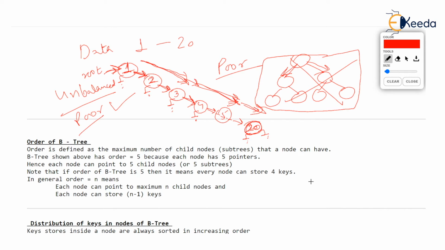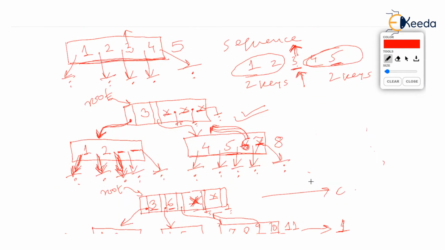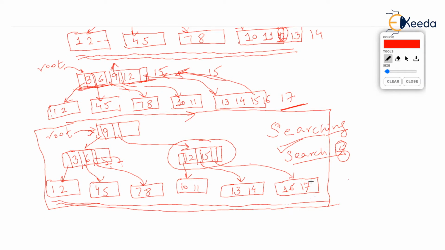So if the binary search tree is not balanced, if only one branch increases beyond bounds, then we get very poor performance. Returning to the B tree, for the same data 1 to 20, maximum 3 comparisons we will have to do for searching any value. Maximum 3 is better as compared to 20.